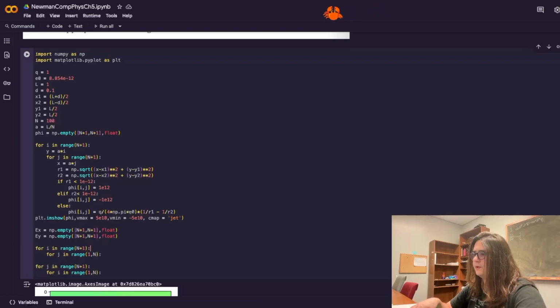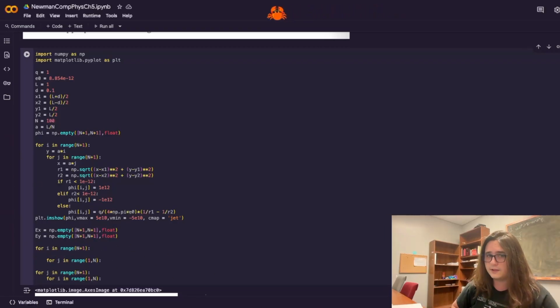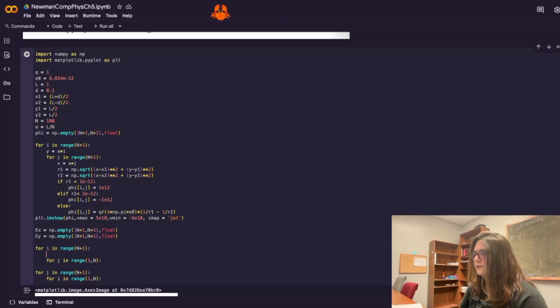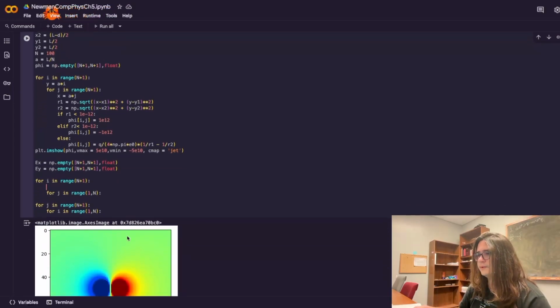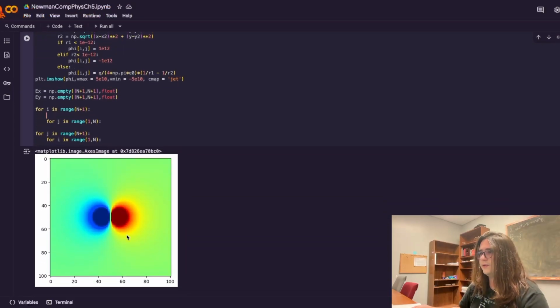Right in here, we generally want to use the centered difference formula for calculating derivatives numerically, except when we're on the edge of the potential. So if you try and do a centered difference with i equals 0, so you're all the way up here, or i equals 100, so you're all the way down here, you're going to end up with errors because the i plus 1 values don't exist anymore.